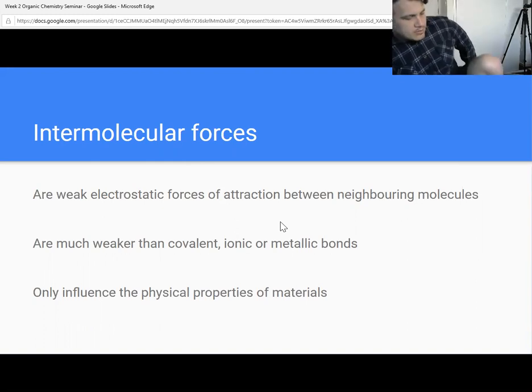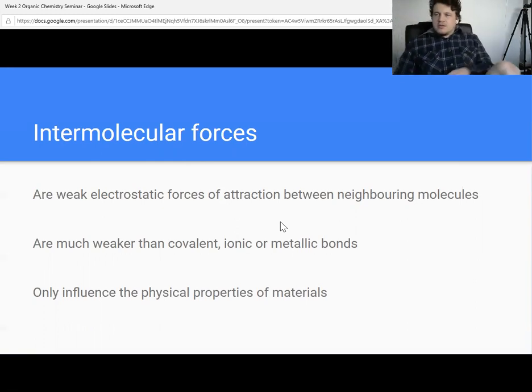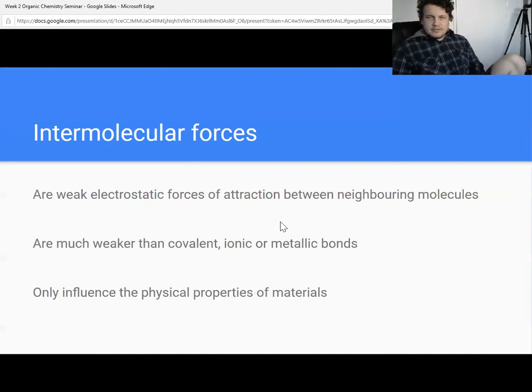So there is a bond between sodium and chlorine that is ionic. It is very, very strong. Covalent bonding is slightly less strong, but is still stronger than the intermolecular forces.